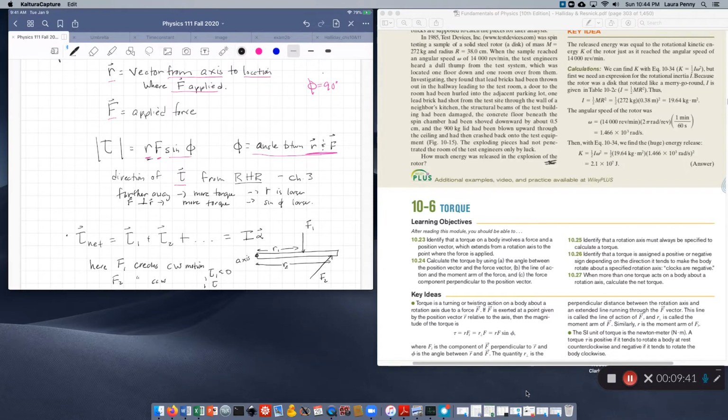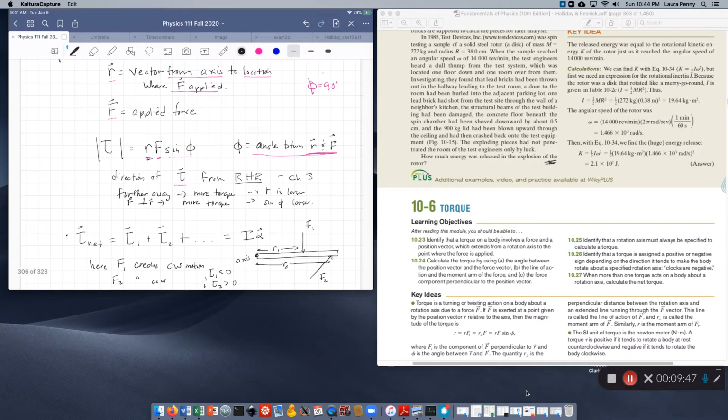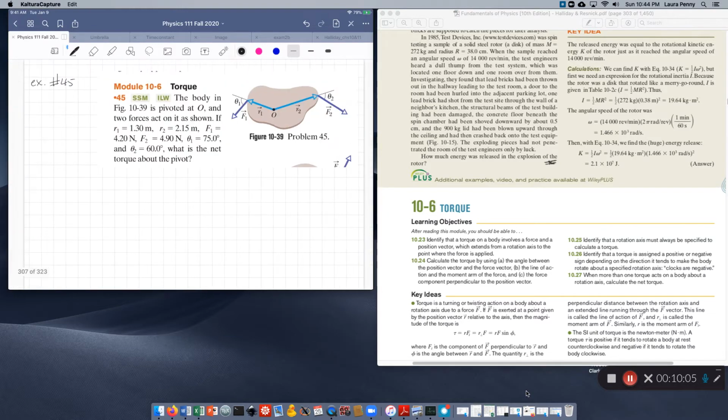And so torque 2 is actually a positive torque. So much as we talked about before, remember that counterclockwise torques are positive and clockwise torques are negative.